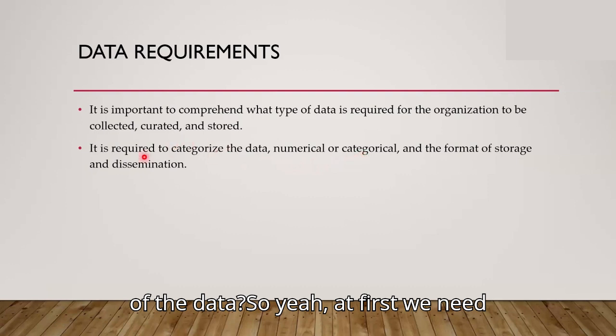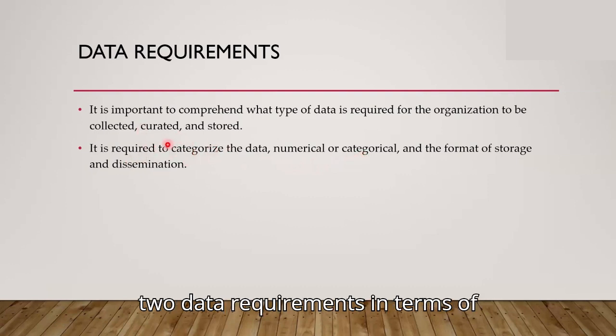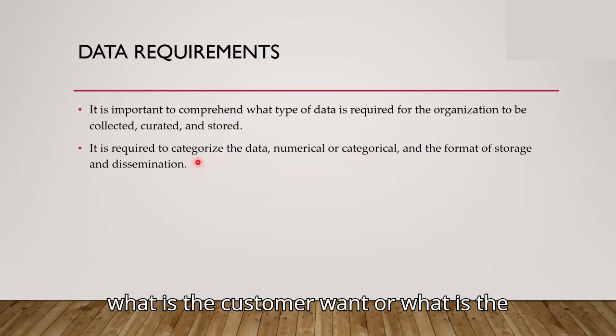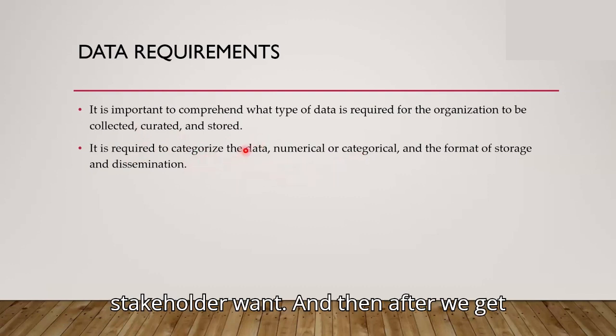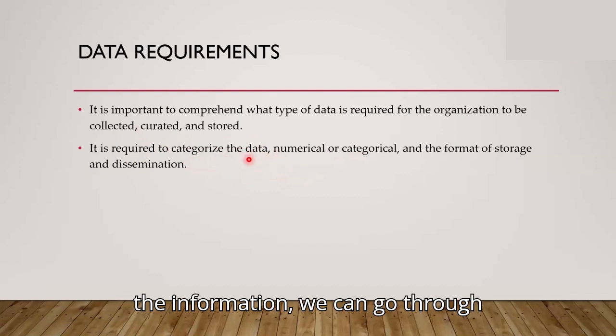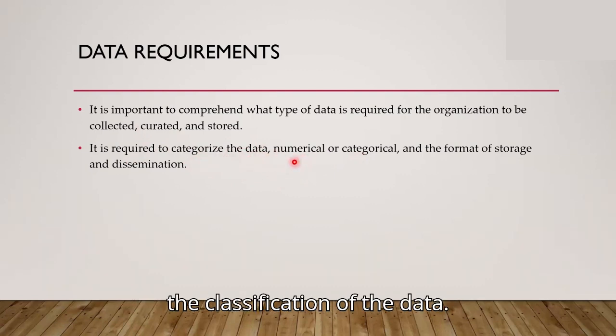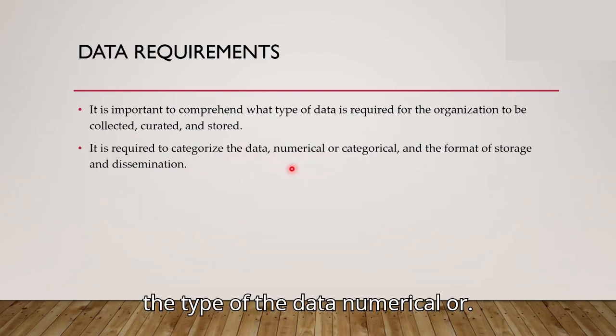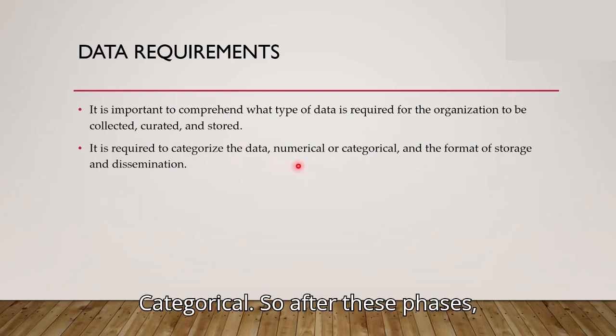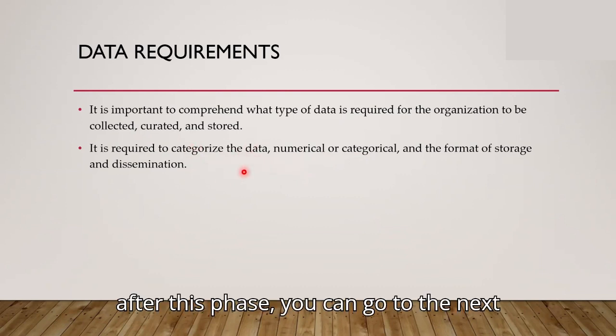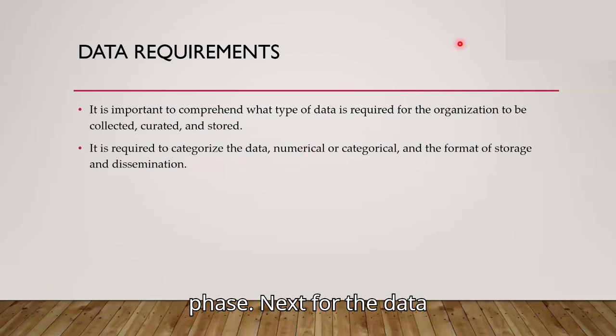So at first we need the data requirements in terms of what the customer wants or what the stakeholder wants. And then after we get the information, we can go through the classification of the data. It means you have to understand the type of the data, numerical or categorical. So after this phase, you can go to the next phase.